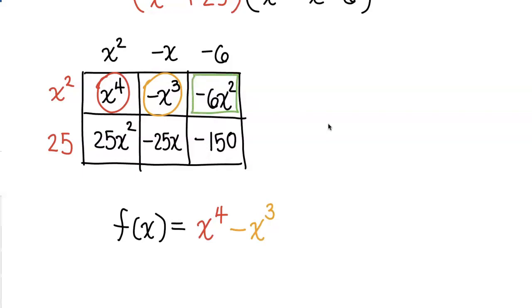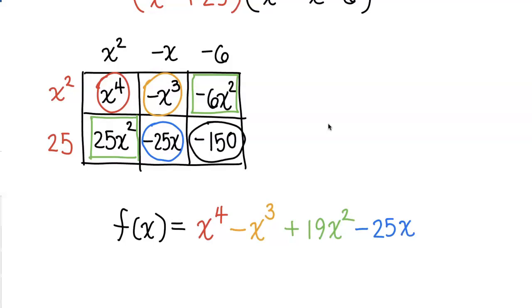Negative 6x squared and positive 25x squared. When you combine them, you're going to get plus 19x squared. And the other two, this one doesn't have any like terms. I'll write down minus 25x. And this last number, minus 150, no like terms, so just write down negative 150.